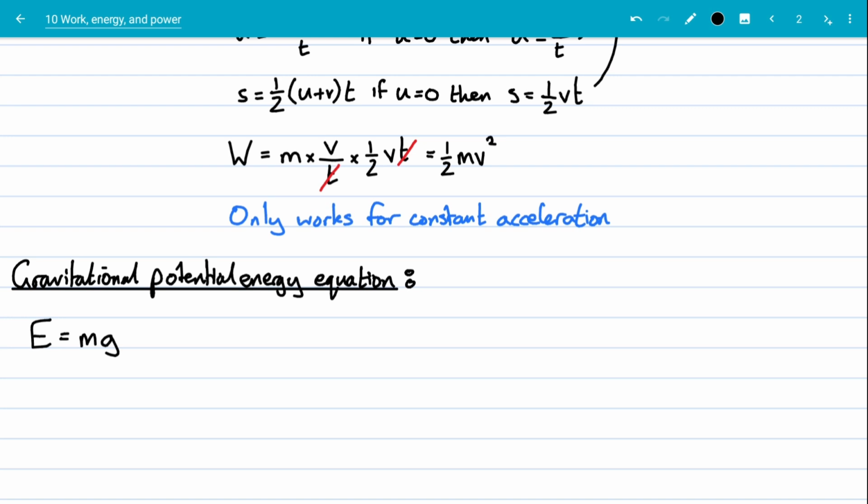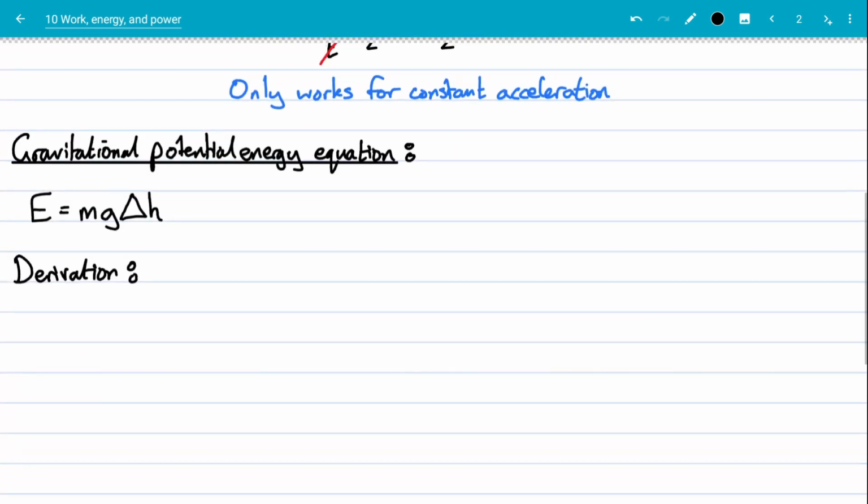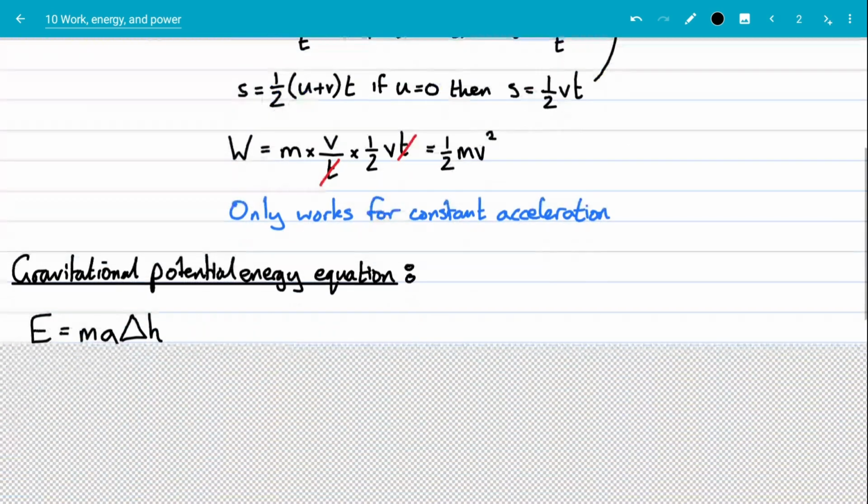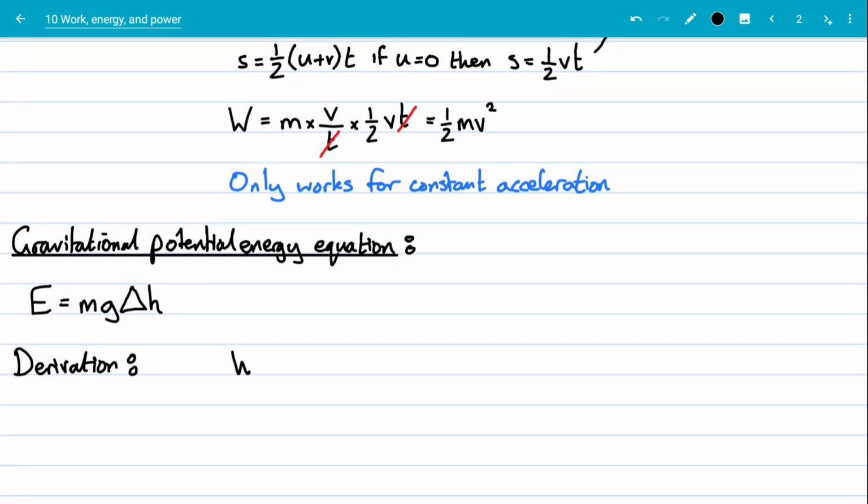Now, we usually just write h, but I'm going to put delta h here so it's not quite so wrong. Still wrong, but not quite so wrong when we get to gravitational fields later on. So the derivation of this equation, once again, we're going to start from the work done is equal to the force multiplied by the displacement.